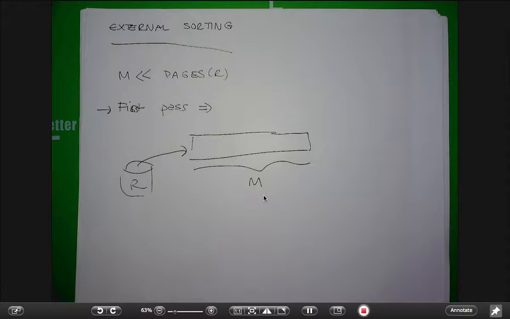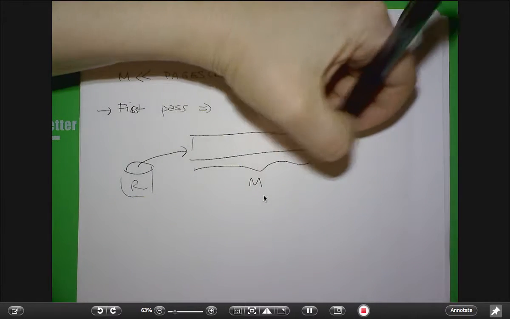Once it's in memory, employ your order of n log n algorithm. Let's hope that's as efficient as possible. And shuffle these to sort in memory. Now, this is M pages worth of data, but now they are sorted. So now that they are sorted, but you are not done because it is not all of R, I need to write it to some temporary storage.